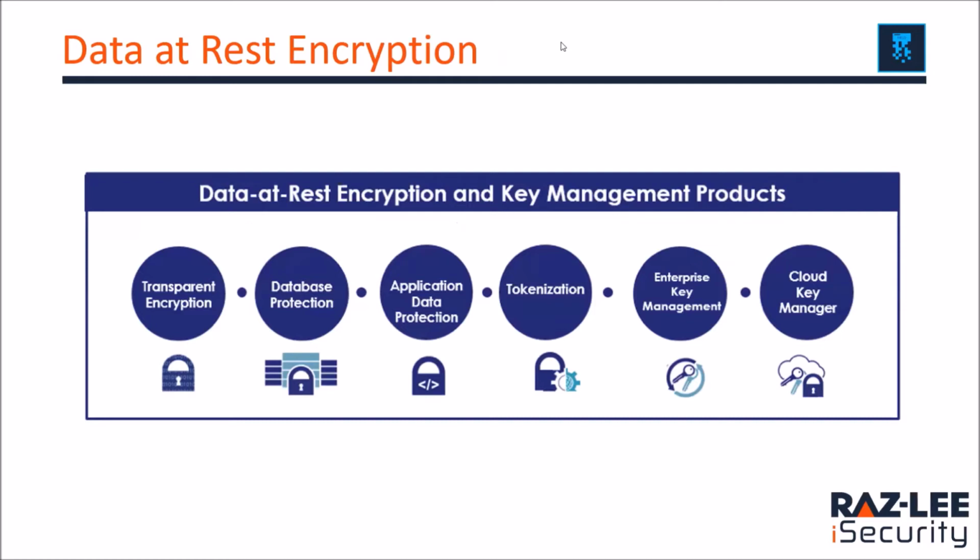We need an enterprise key manager, and probably we will need a cloud key manager if we are talking about using a zero trust environment and we are at the same time using a cloud environment. So in any way, we can do all these tasks.